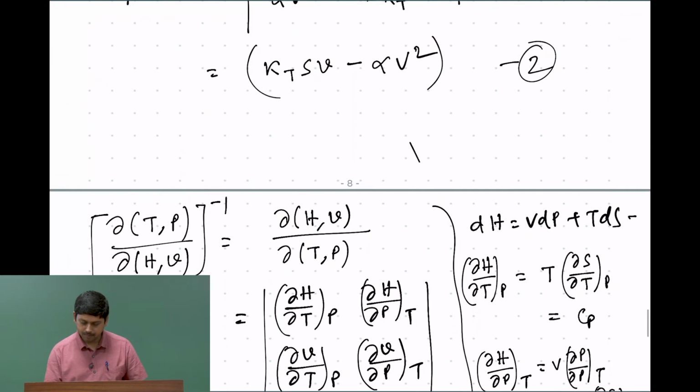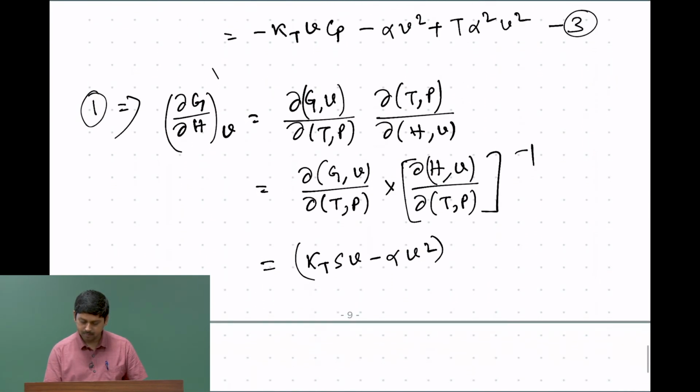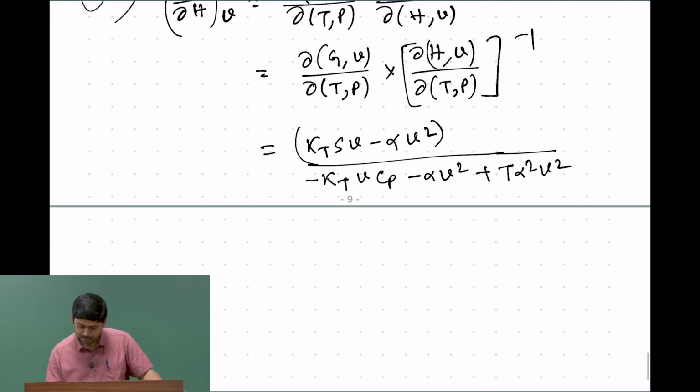Then for this inverse quantity, I have to divide by the whole thing: minus kappa T v C p minus alpha v square plus T alpha square v square, because the quantity that we got, we have to take the inverse of that.